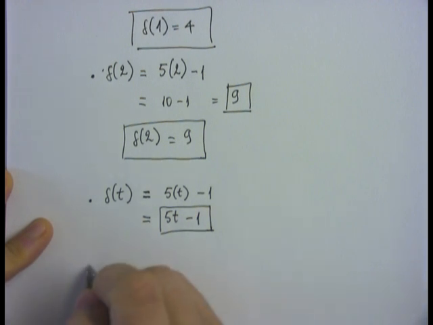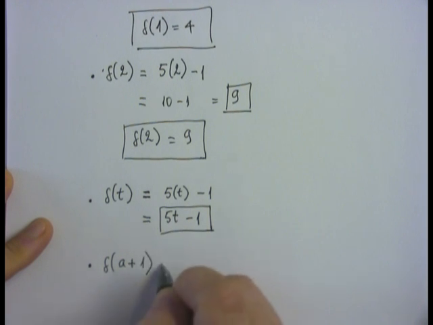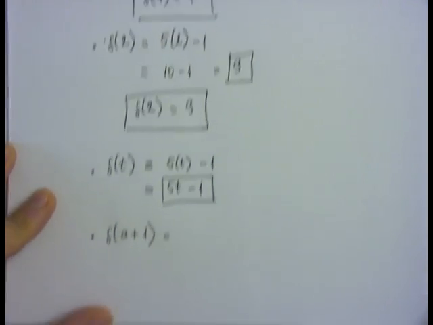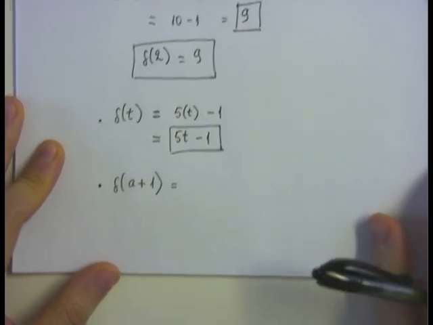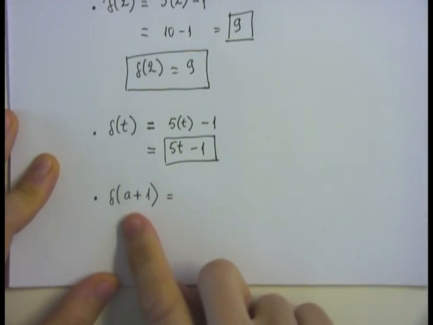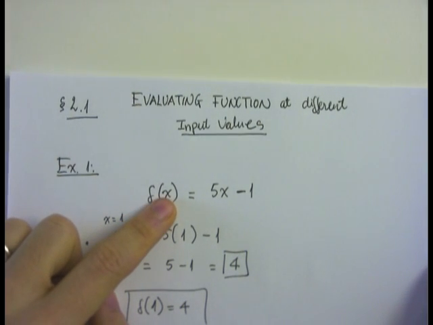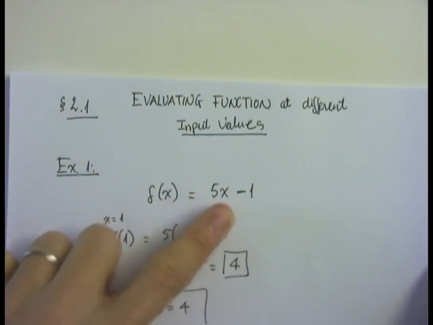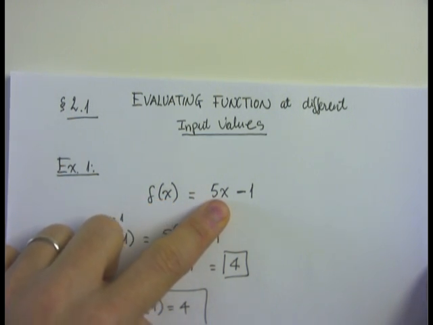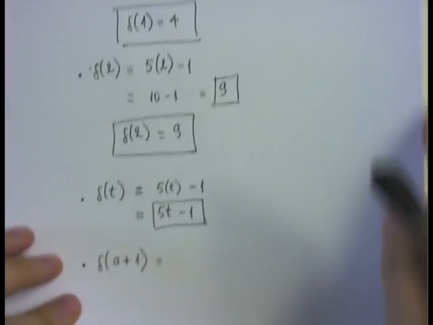Or if you try f of, say, a plus 1, for example, what's going to happen here is, once again, my input of the function. Originally the input is simply an x, but now the idea is x can take on different values, and depending on the values, the function evaluates that value and ends up with different values.